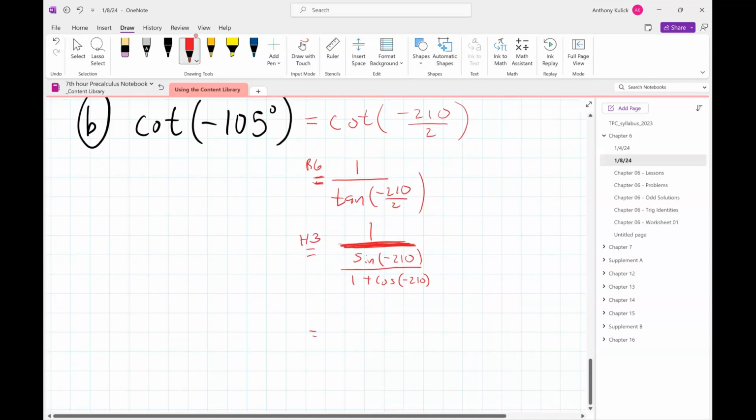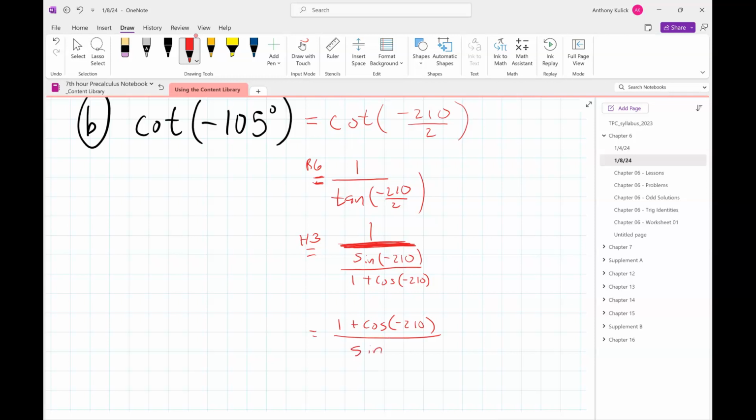Because when I do the reciprocal now, I have that. I drew this fraction bar like a big fat fraction bar, so you could tell what was from the previous problem and what is me using the identity, I hope.